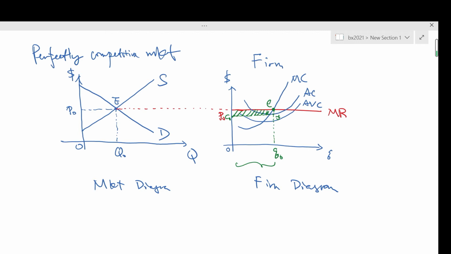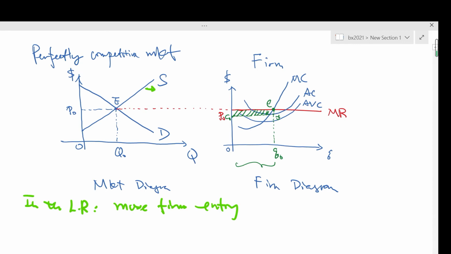So there will be more firms entering the market. And that means this supply curve will shift to the right because there are more suppliers in the market.